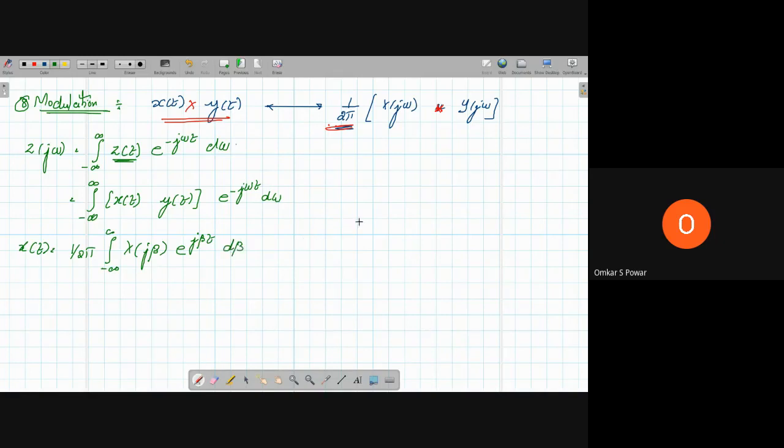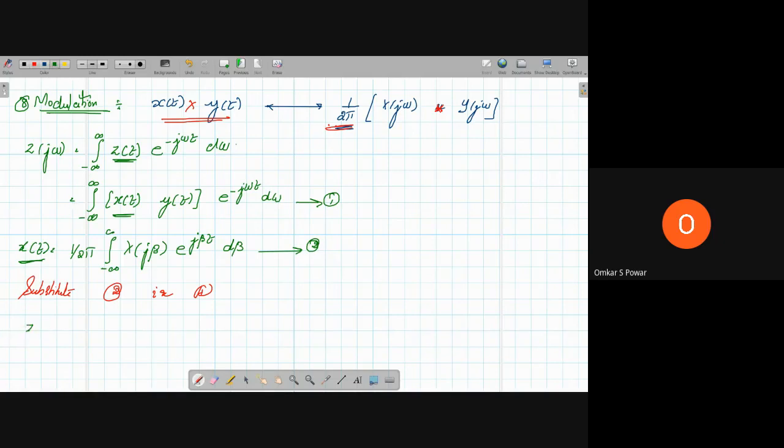So this is our first term, this is our second term. Okay, so let us substitute this x of t in the first term. Substitute 2 in 1. So let us see what we can get there.